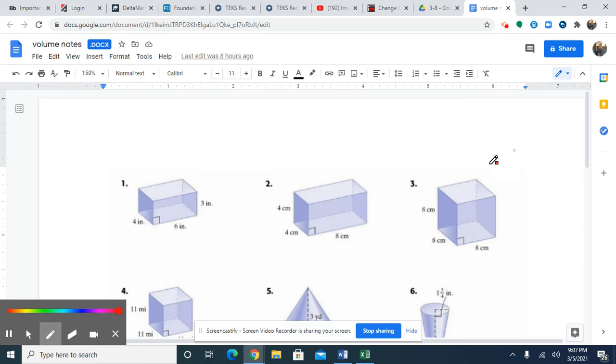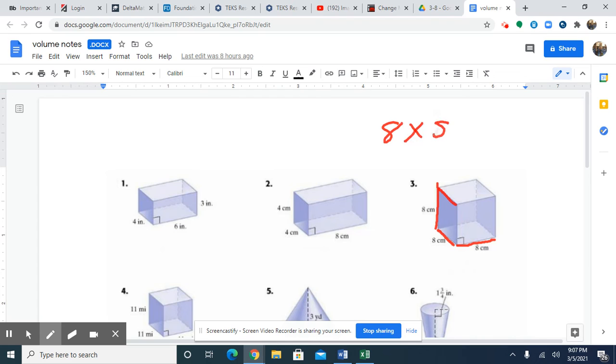Now let's look at this example where we have a cube. Now the formula is the same here. Length times width times height, which is 8 times 8 times 8. Now we can actually express this in another way.